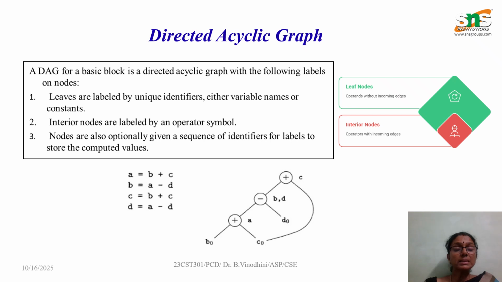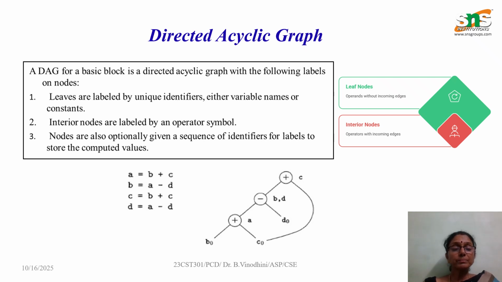For example, this is the statement. In that statement, the second and fourth statements are redundant, so they could be eliminated. That could be found using the directed acyclic graph. So how do we draw the DAG?